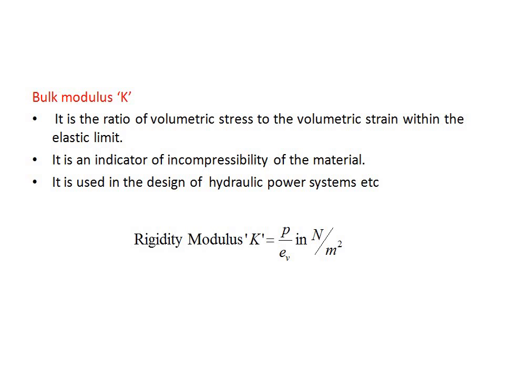So for positioning and everything, the fluid should have some bulk modulus. Here I have mentioned it as rigidity modulus. It is wrong. Here it is bulk modulus. Bulk modulus K is equal to P by Ev in Newton per meter square.